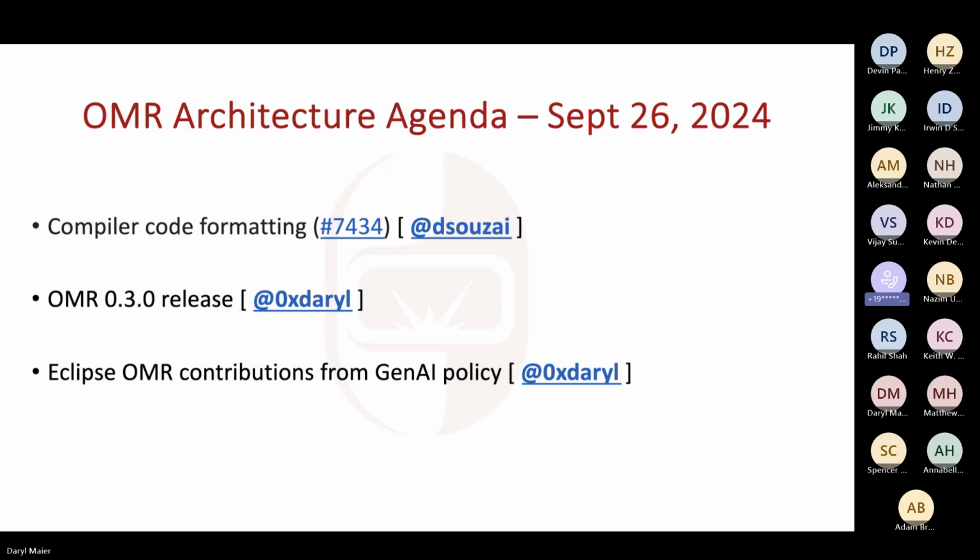The Eclipse Foundation does provide some guidance for committers on accepting GenAI produced code, and for the most part, it's fairly non-specific about what they recommend or what they want us to do. Essentially, they're delegating it down to the projects to decide.